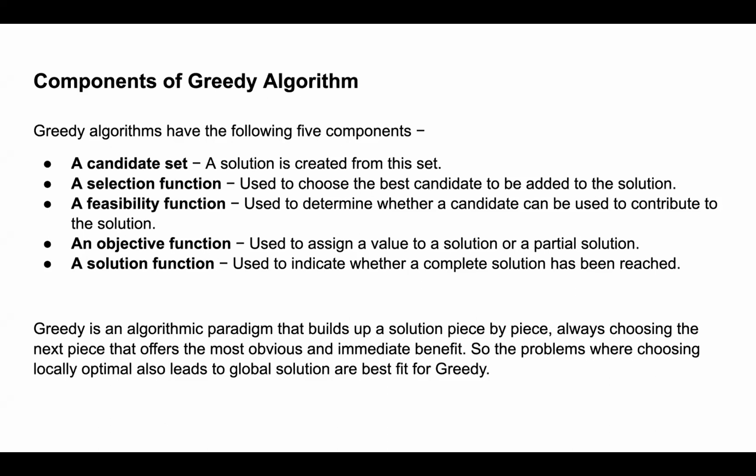It is used to determine whether a candidate can be used to contribute to the solution. Whatever part we are going to choose for the solution of the given candidate set, some feasibility function will be applied there to see whether what we are getting is correct or not.